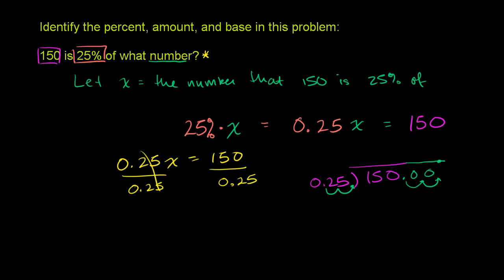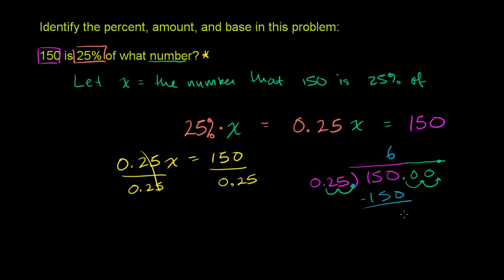Let's just work it out really fast. 25 doesn't go into 1, doesn't go into 15. It goes into 150 6 times. We've shifted the decimal, so this is now a 25. 6 times 25 is 150.